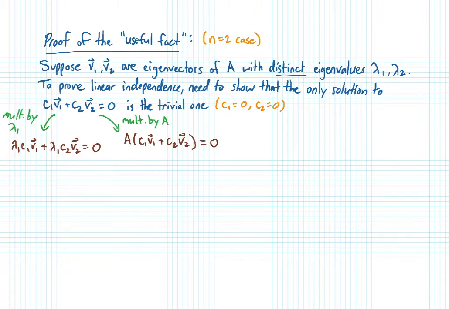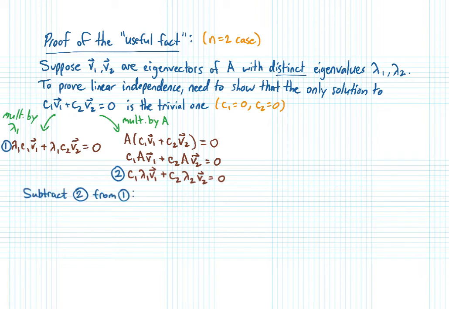So another thing we can do is we can multiply both sides by A. And then here we can distribute the A and pull out the scalars. And then we can use the fact that v1 and v2 are eigenvectors. So A times v1 is lambda 1 times v1, and A times v2 is lambda 2 times v2. Okay, so now let's call the equation on the left equation 1, and the equation on the right equation 2.